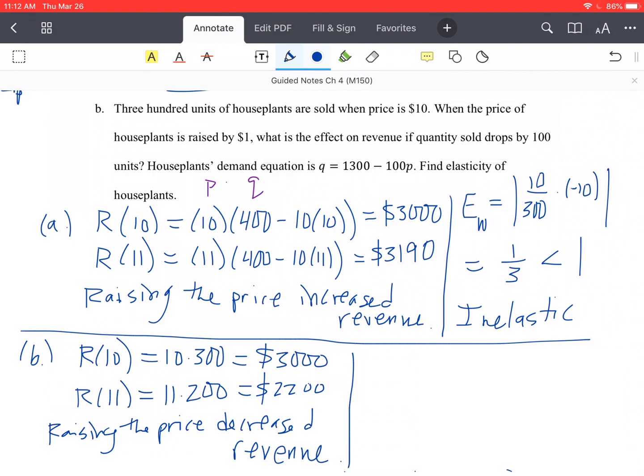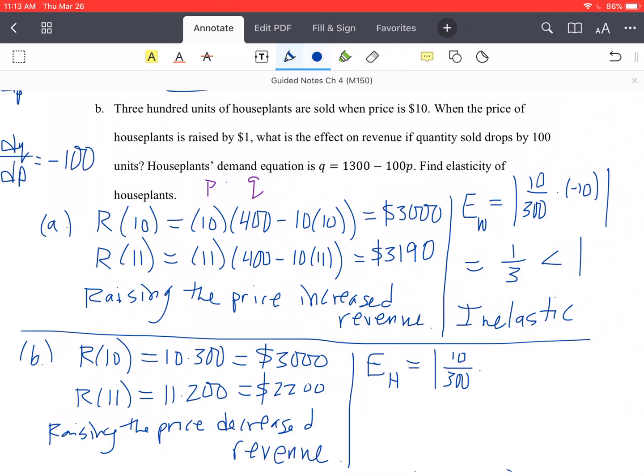So now let's look at the elasticity. Okay, so elasticity of houseplants. That's going to be price over quantity, so 10 over 300 times the derivative, okay, so that rate of change. So in this case, our dq dp, that's going to be just negative 100.